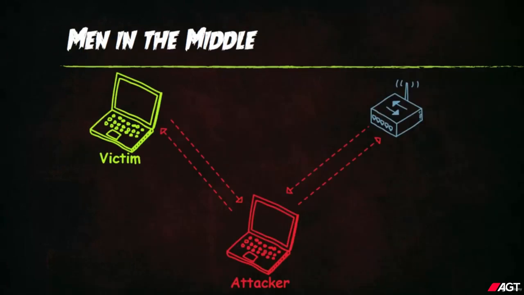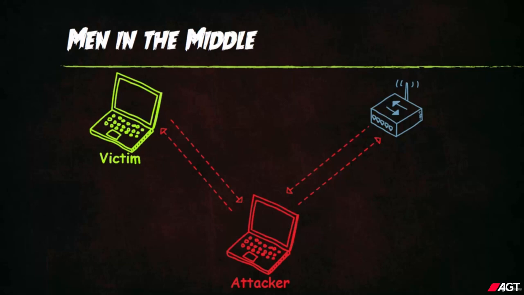The attack we are going to do on captive portal is known as man in the middle attack. In this attack, the attacker is in between the communication which is going on between the victim and the access point. So the attacker receives all the packets from the victim and transmits those packets to the access point. Similarly, the attacker receives packets from the access point and transmits to the victim.